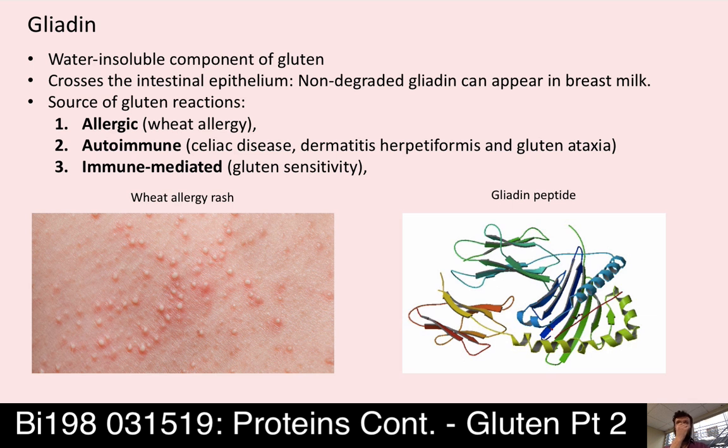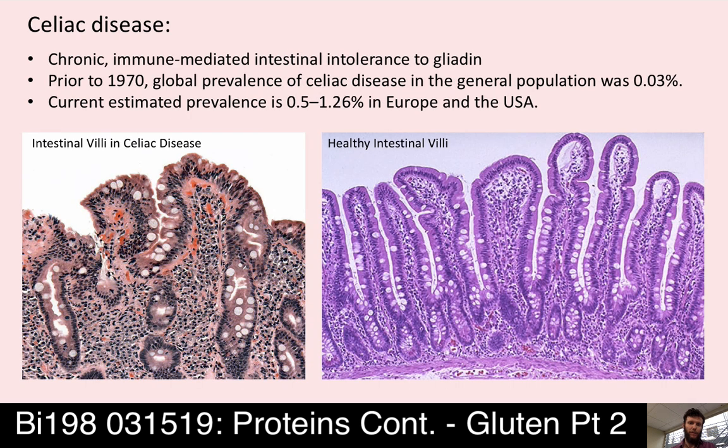Not that kind of a rash. It can be a wheat allergy rash. It looks like that. And then there is this other category, immune-mediated gluten sensitivity, that can arise. So there's a spectrum of different types of reactions that happen to gliadin.